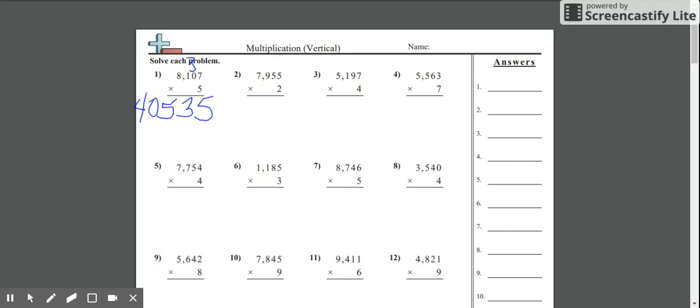I simply write that answer down. I count my place values, 1, 2, 3, and insert my comma between the 0 and the 5. So my answer is 40,535. I can write this answer over here to the side.